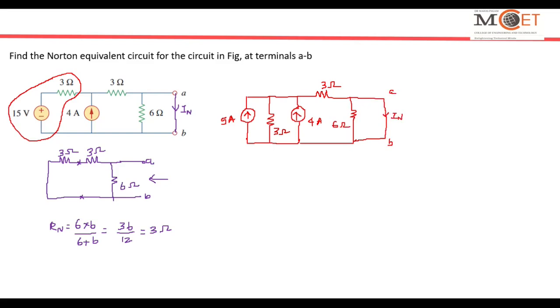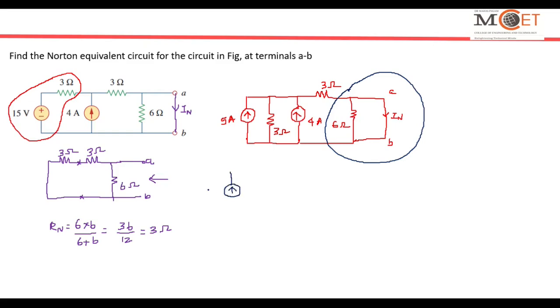Now if I look very clearly, this portion is having a short and a resistance. A short and a resistance is equivalent to a short. So again I can replace this complete thing with a short completely. So the equivalent circuit will become something like this.